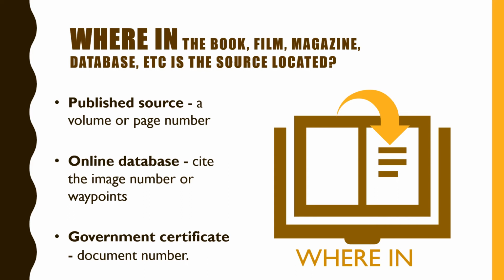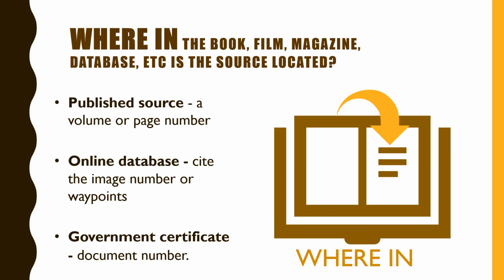So we have to think about how we would guide someone who is trying to get to that place we are looking at through our source citation. Wherein can also be something like a government certificate, a document number for a government certificate, especially if we are using a website and that's how things are organized, is by document number.